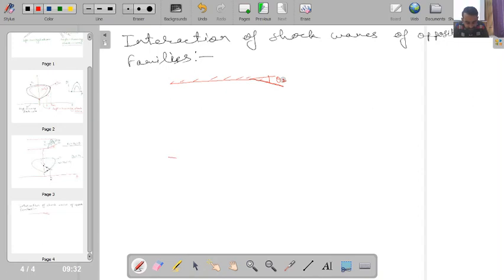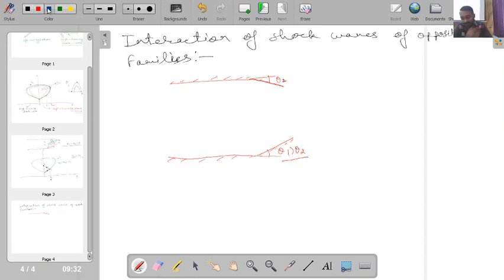I have another surface which is having a compression corner at an angle theta 1, such that theta 1 is greater than theta 2. This is the situation.